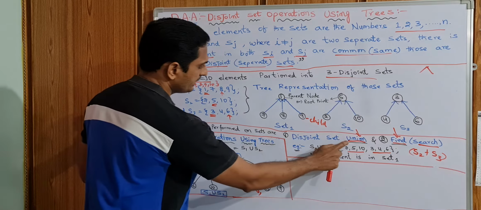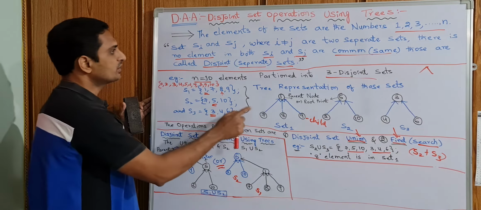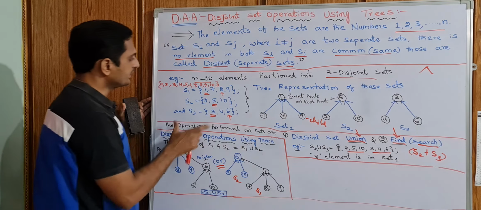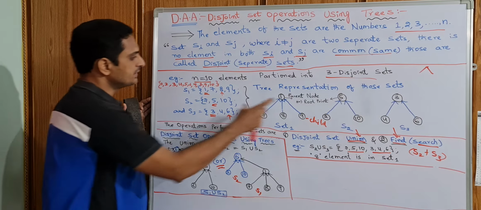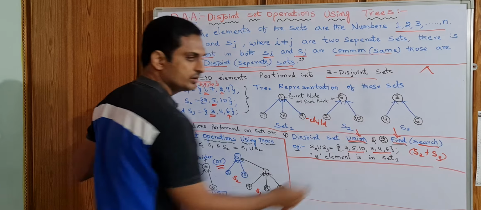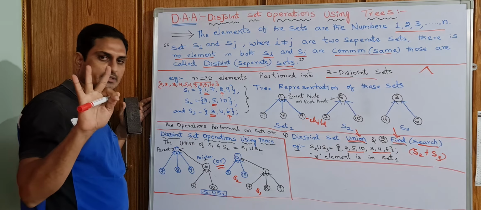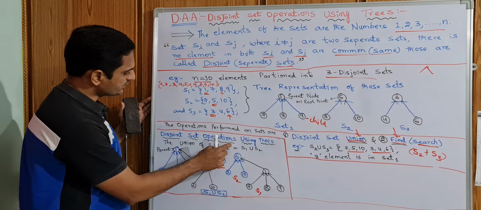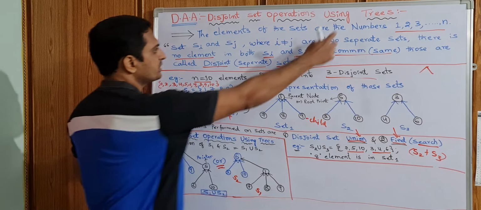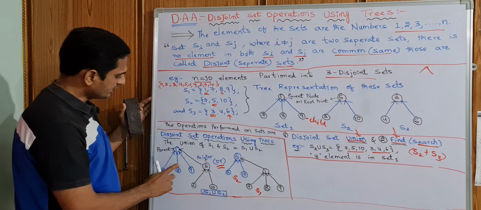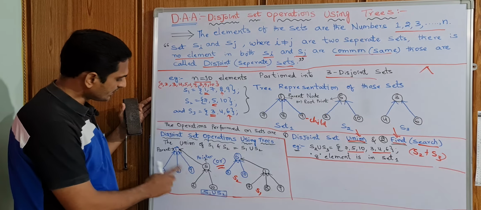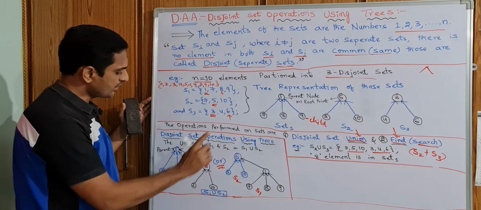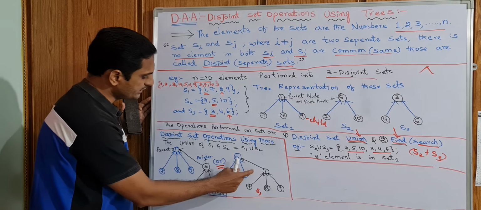We have union and find. Before that, the tree representation of the sets: these are the set elements and these are the tree representations of those three sets. Then the disjoint operations using trees. When the question is asked, this is the answer. Either you can show it in this way or in that way.